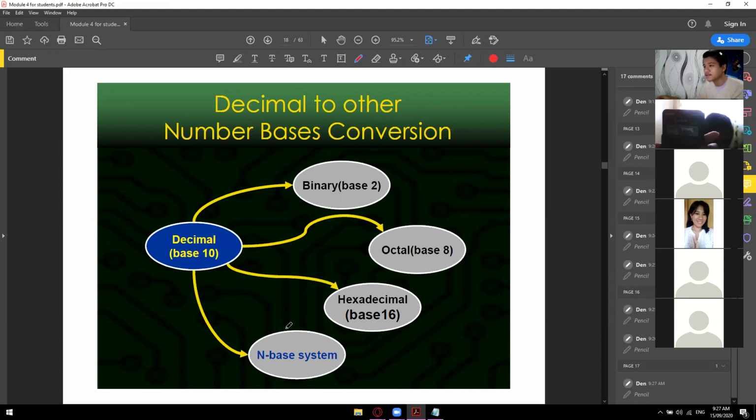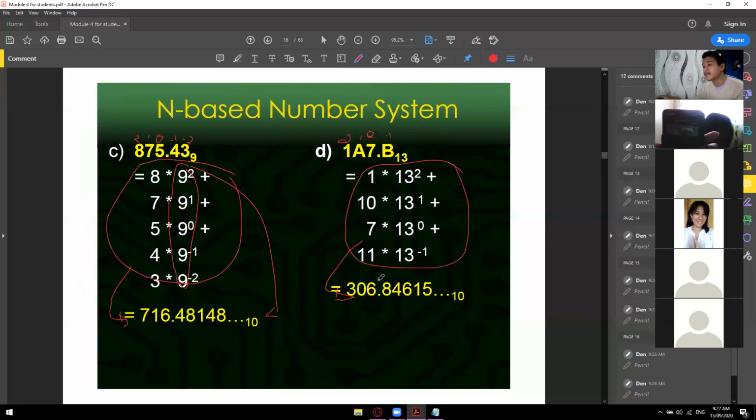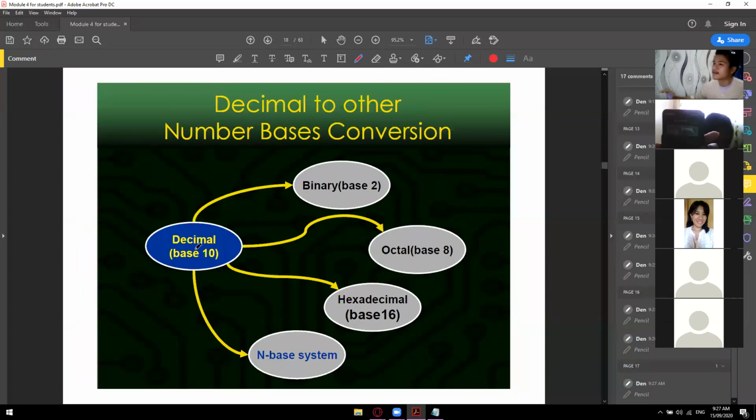Kanina, pwede natin i-convert yung from binary, octal, hexadecimal, n base to decimal. Ngayon naman, ni-reverse lang natin. You can now convert decimal to any base. Okay?